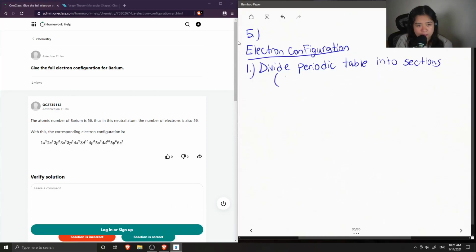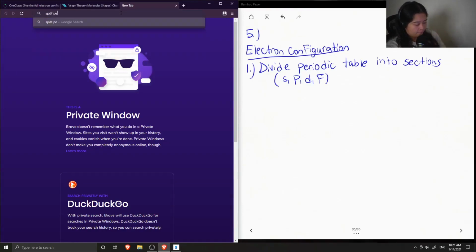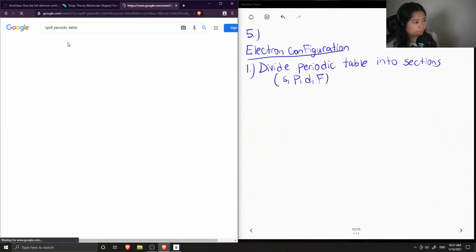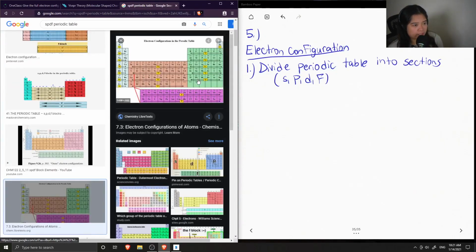Each section corresponds to a different orbital: S, P, D, and F. It's important to know how to divide your periodic table this way, because sometimes on a test or a quiz, they only give you a blank, normal periodic table, and you need to know where all the different sections would be.